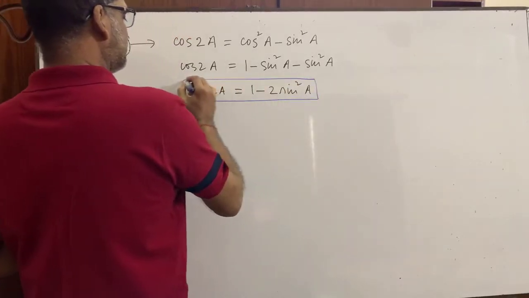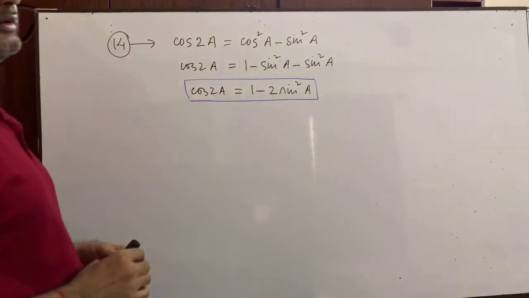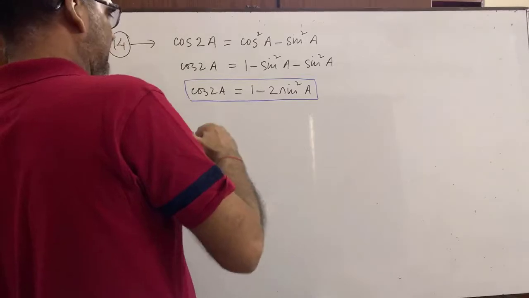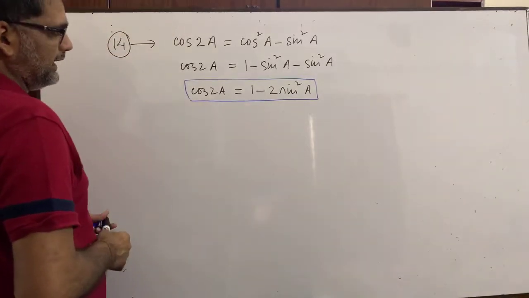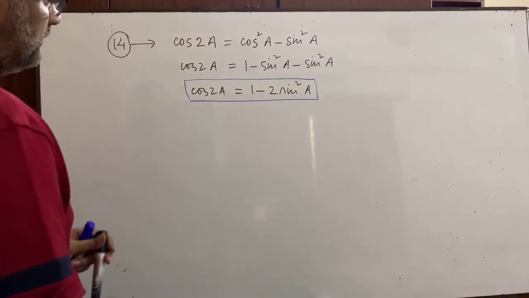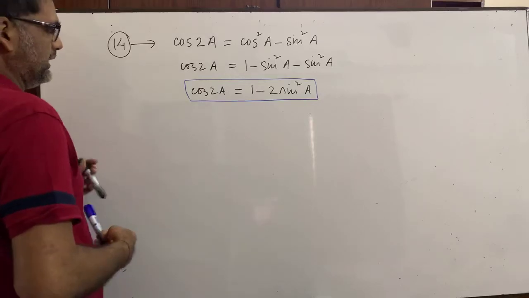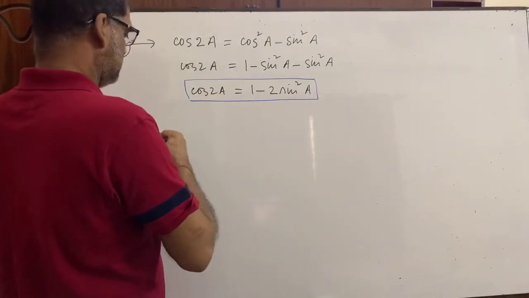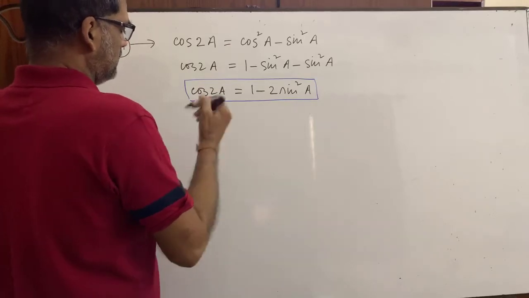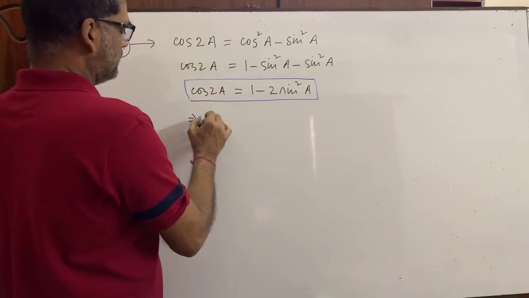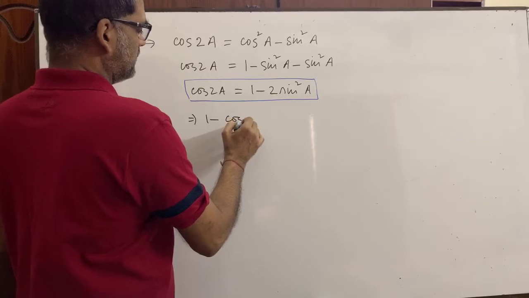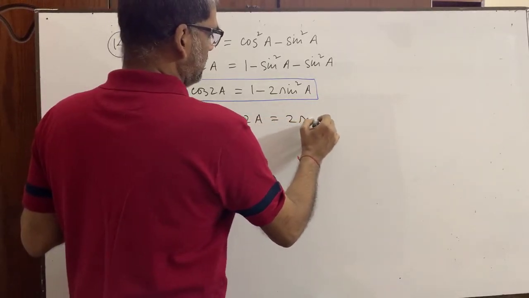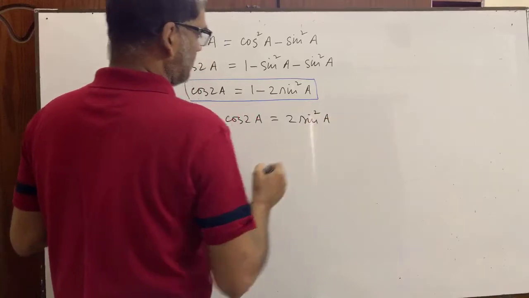Again, we can make it another formula: 1 minus cos 2a equals 2 sin square a.